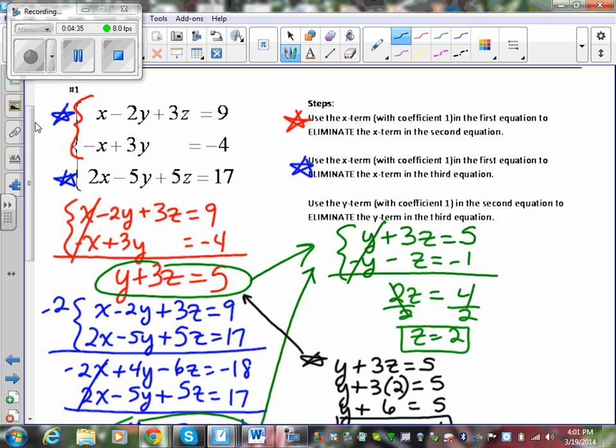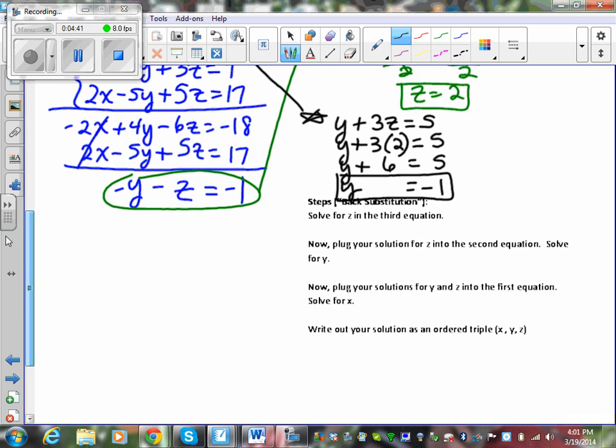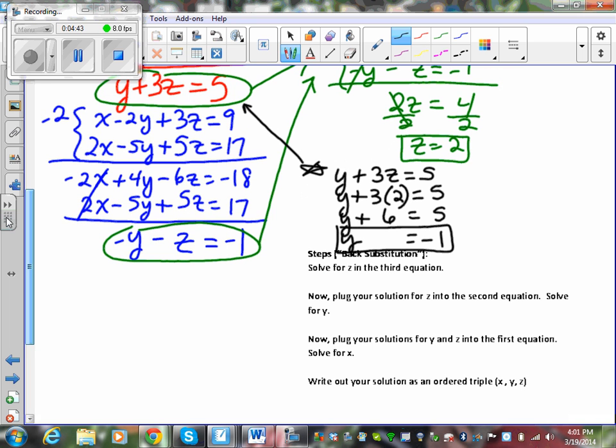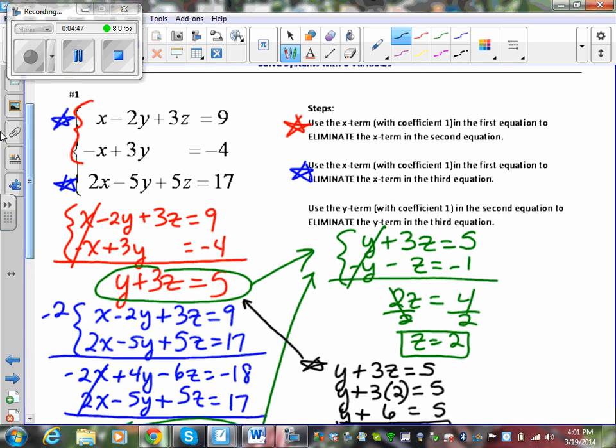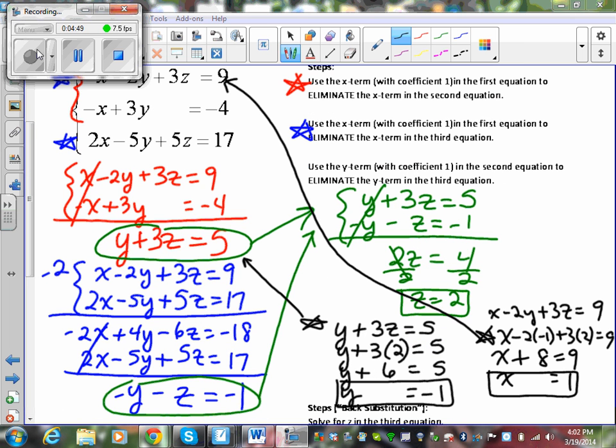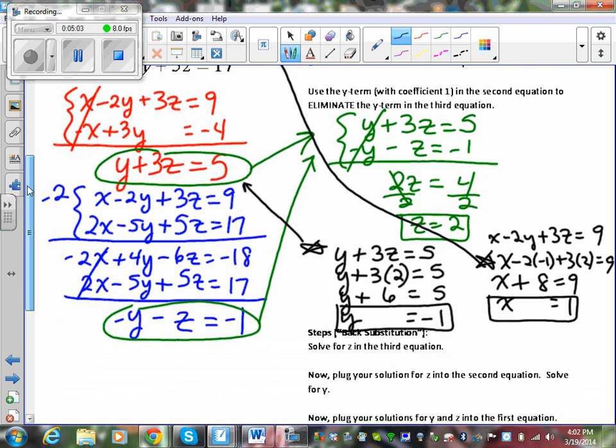I'm going to choose the first equation from that original system, and I will substitute in z equals 2 and y equals negative 1 so that I can then solve for x and be done with this problem. So you can see my work here using the top equation, substituting in negative 1 for y, substituting 2 for z, carefully solving for x, and x equals 1. We did it! We found the solution.